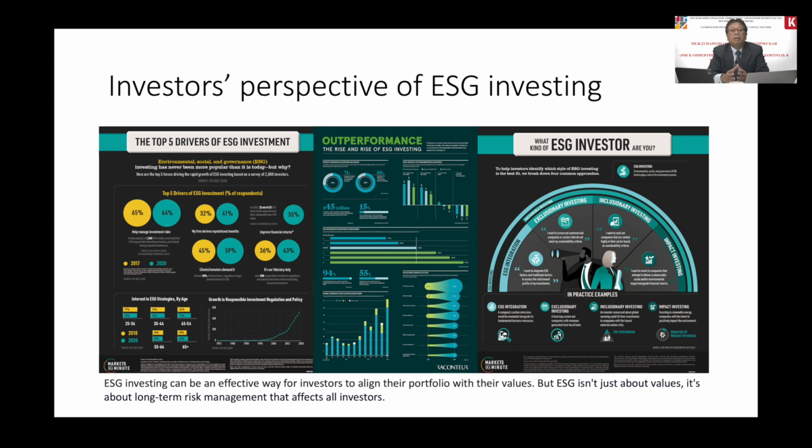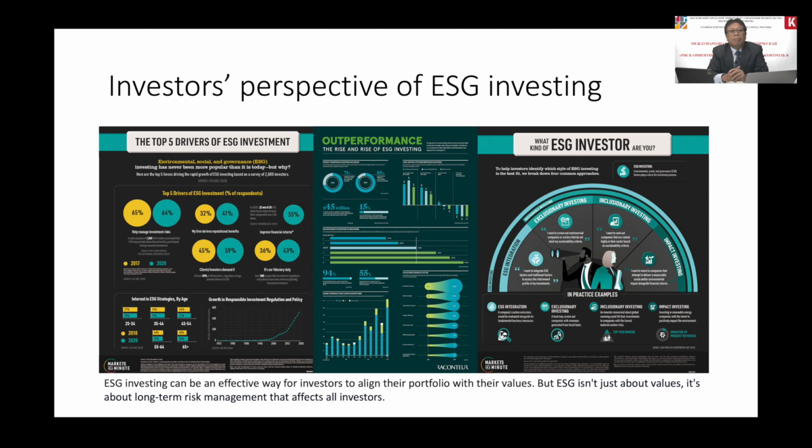meet my sustainability criteria. Next, inclusionary investing, whereby an investor concerned about global warming could tilt their investment to companies with the lowest material carbon risk. In this case, an investor may say, I want to seek out companies that are ranked highly in the sector based on sustainability criteria.